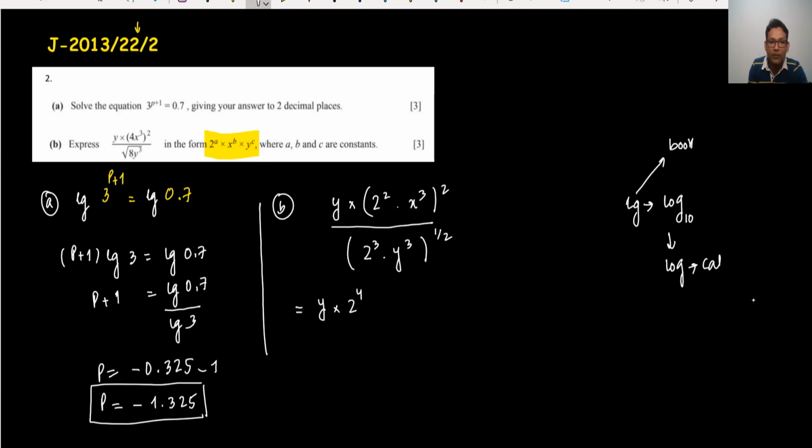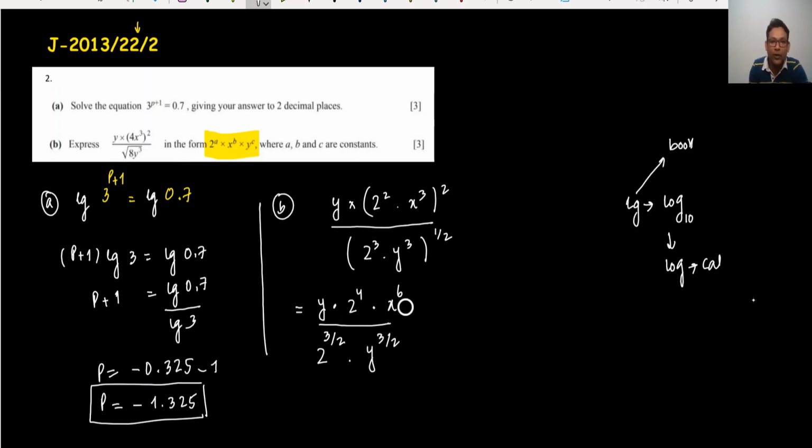This is times, and normally we can use a point for the multiplication in algebra. 3 times 2 is 6, divided by 3 is y, the 2 is coming 3 upon 2, power to power will multiply, and this y will become also 3 upon 2. Now we have to move all the like terms.